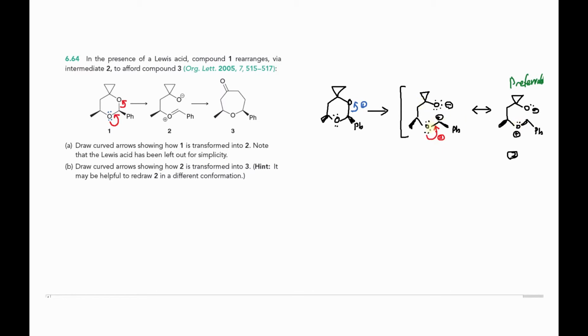So octet always trumps over the formal charge, because you might say on the left structure we have a plus sign on the less electronegative carbon instead of the oxygen.